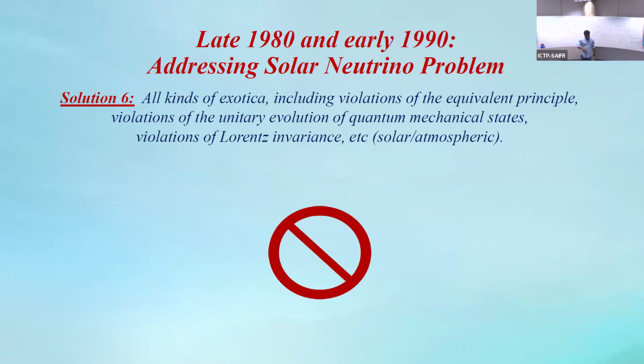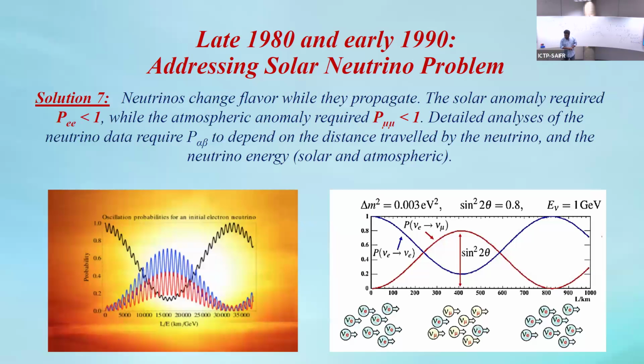And of course, there are many crazy ideas, one of them being violation of the equivalence principle, violation of unitary evolution of quantum mechanical states, Lorentz violation, violation of Lorentz invariance, and so on. I'm not going into detail.